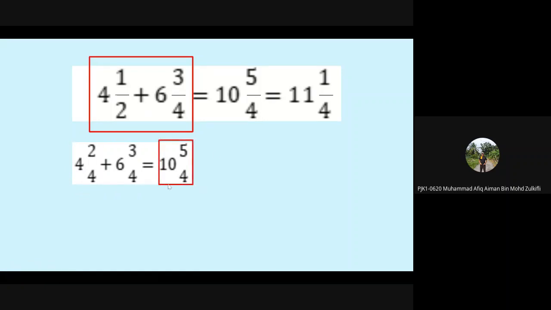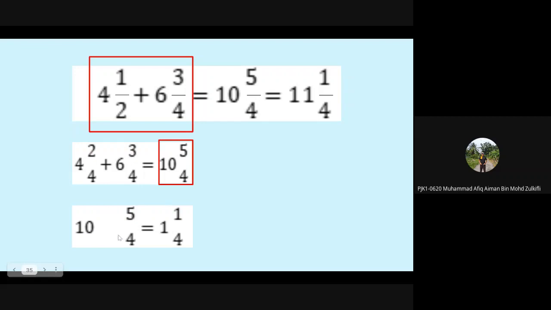Then we can solve the problem like I told just now. So we can get 10 and 5/4. Oh no, there is 5/4, which is an improper fraction. So how can we simplify it? We have to take the last answer in the simplest form. So separate the whole number part and fraction part.